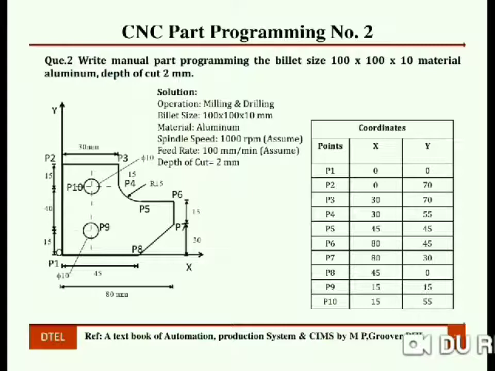From this given profile diagram, we have calculated all the points and their coordinates. The coordinates are not given, you have to calculate them. Points x and y, P1 to P10, all corresponding coordinates we have calculated here.